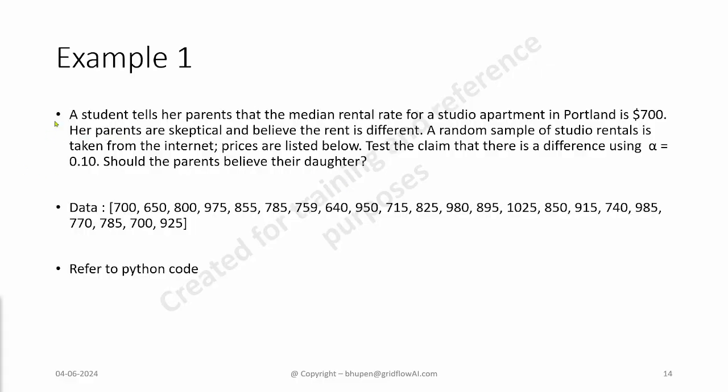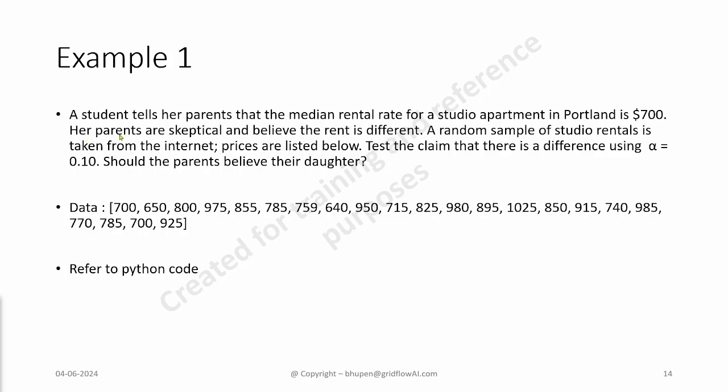So let's see some examples here. I'll do this particular problem in Python, and we will step through each of the steps involved in the sign test. In this problem, we have a case where someone is looking for an apartment, and the median rental is 700.